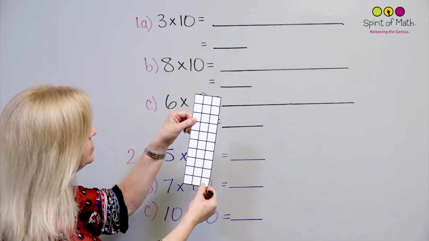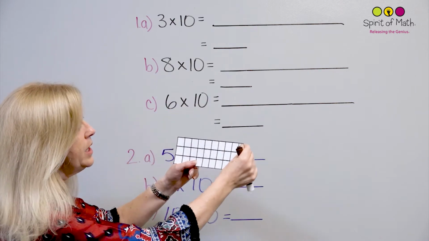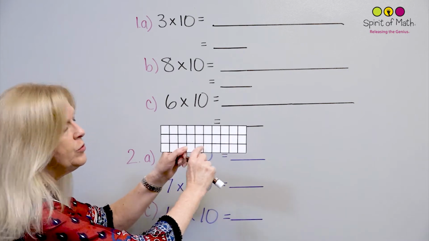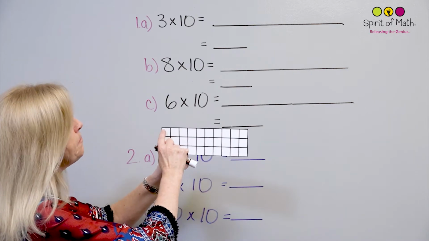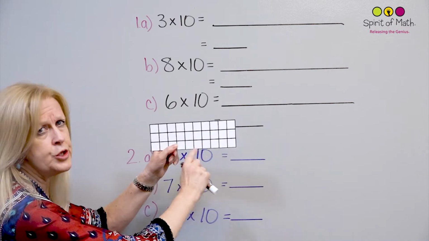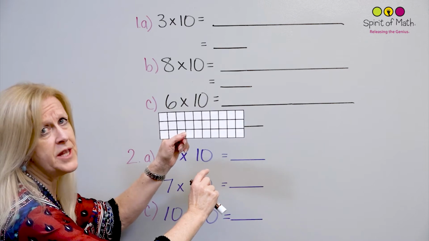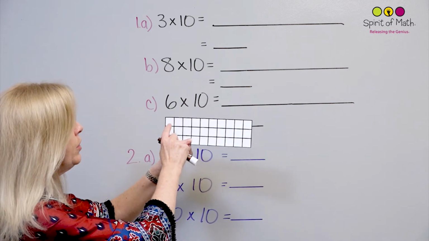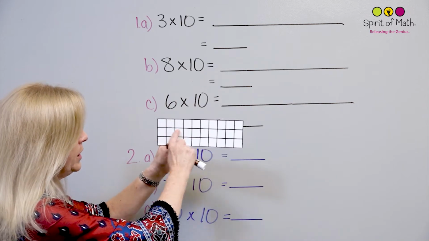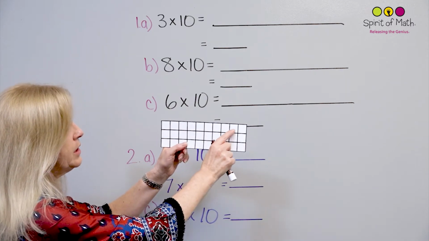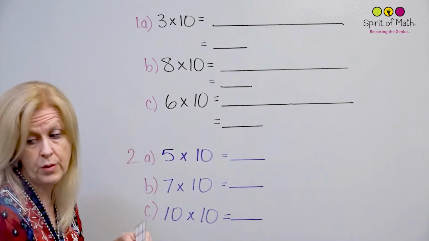Some people like to sort of twist it around. It doesn't really matter what it looks like, but it's very often you will get your teacher who will say, I want it this way. So just understand which way your teacher wants it, and then use it that way, okay? So as long as you have 1, 2, 3 groups of 1, 2, 3, 4, 5, 6, 7, 8, 9, 10, that's really what matters, okay?